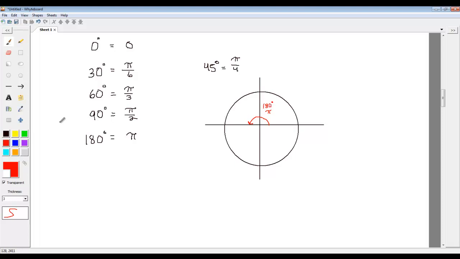When you start looking at fractions of that, halfway to here, that's half of 180. That's 90 degrees. That's half of pi, or pi over 2. Or if you look at a quarter of the way, right here, quarter of the way, that's 45 degrees.